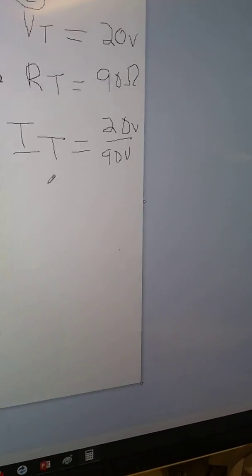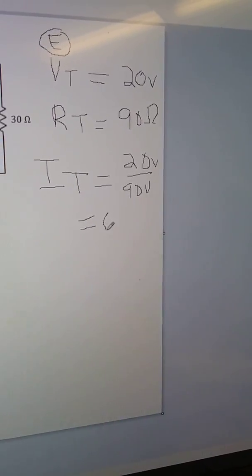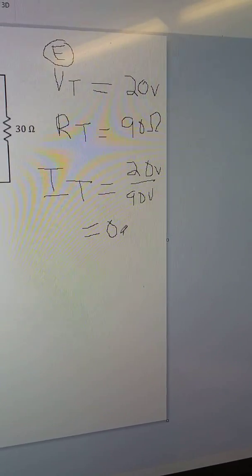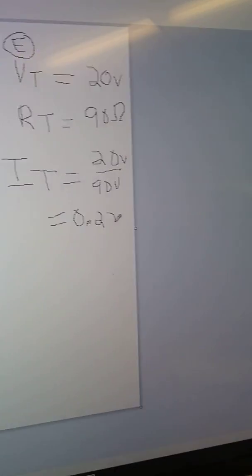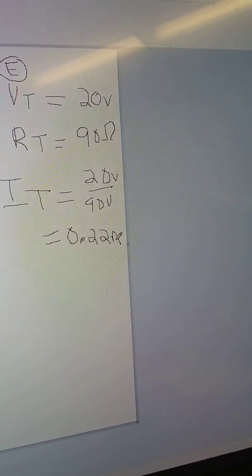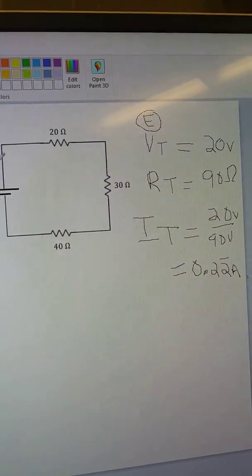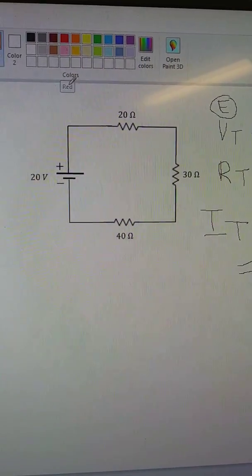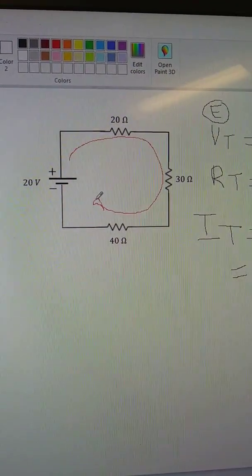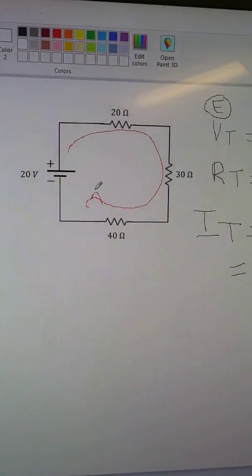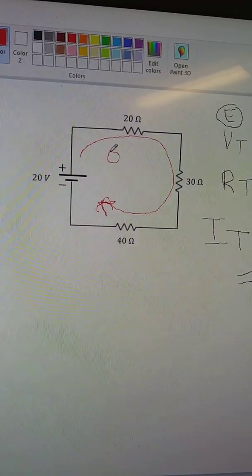So we'll come up here and we'll say equals 0.22 amps. And since this is repeating 2, I'll put a line over my 0.22. So inside of this circuit, and I'll even change a little color, is 0.22 amps. Wow, that's a sad looking arrow, isn't it? It's supposed to be something more like that.